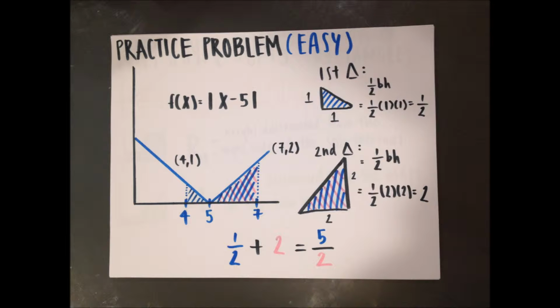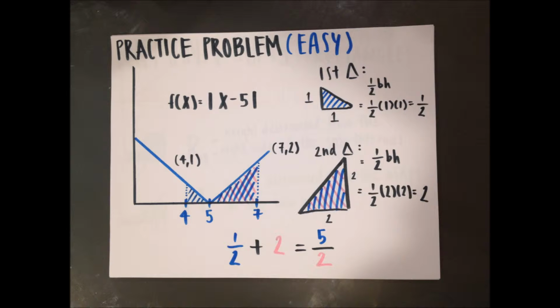The equation of the graph is the absolute value of x minus 5. As we can see from the picture, the area under the equation absolute value of x minus 5 is two triangles. The one on the left, which is shaded in blue, can be solved using the equation for the area of a triangle.